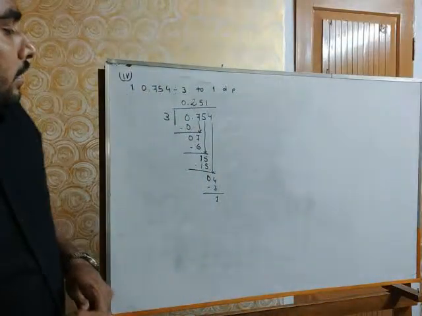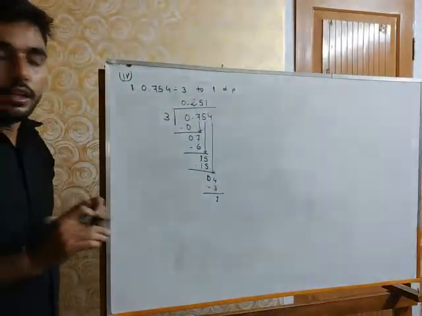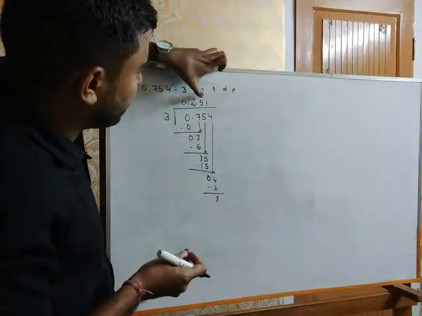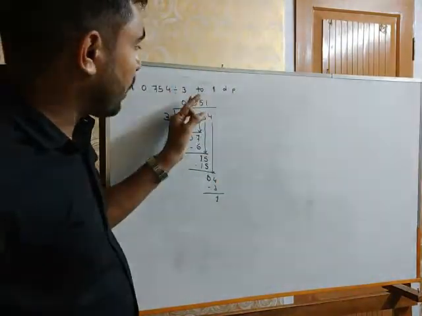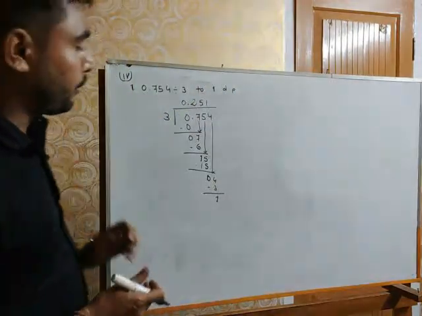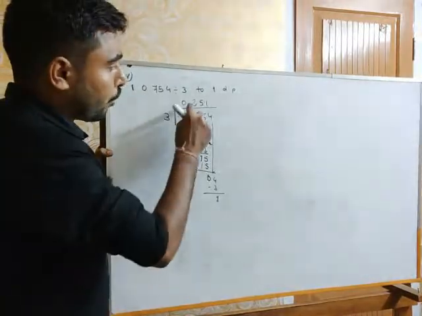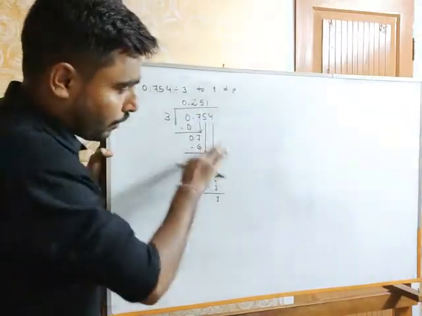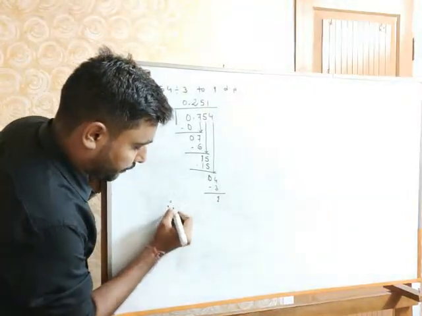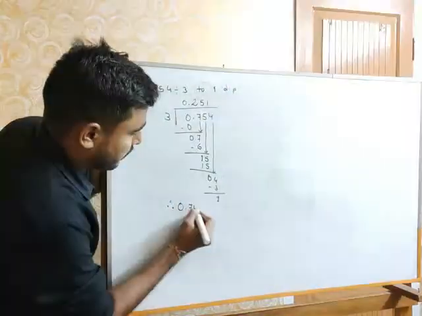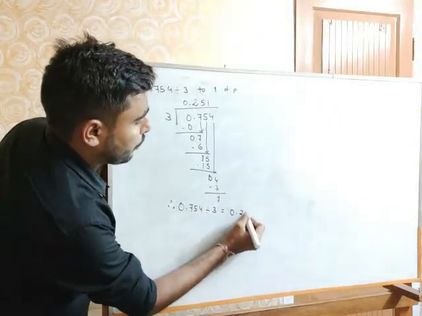So in this division, how many places after the decimal did I get? I can see here it is 1 decimal place, second and third. We have 3 decimal places. Now we don't have to continue, because we need 1 decimal place and we already have three. So there's no sense continuing. Therefore we will write 0.754 divided by 3 is equal to 0.251.